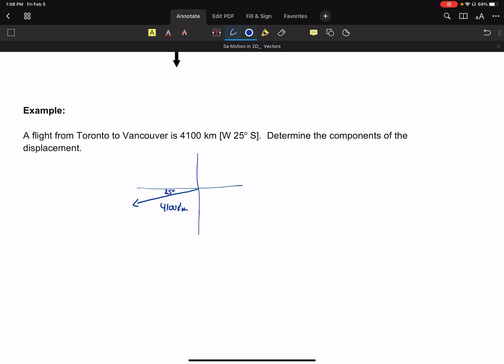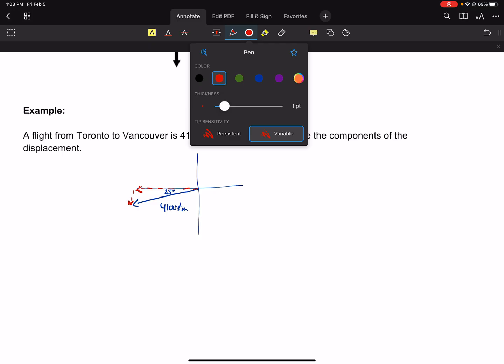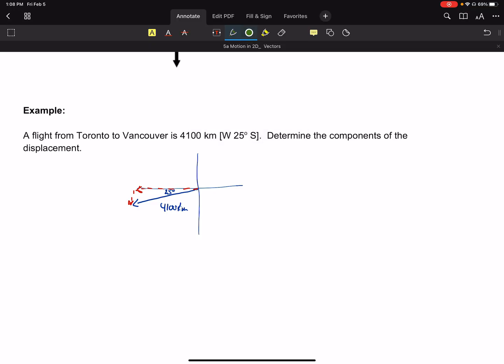So what we are going to do is break this down into its x and y components. This is going a little bit in the x and then a little bit in the y. We'll call this displacement. So our displacement in the x is going to equal 4,100. Now, this is the adjacent, so it's cos 25.